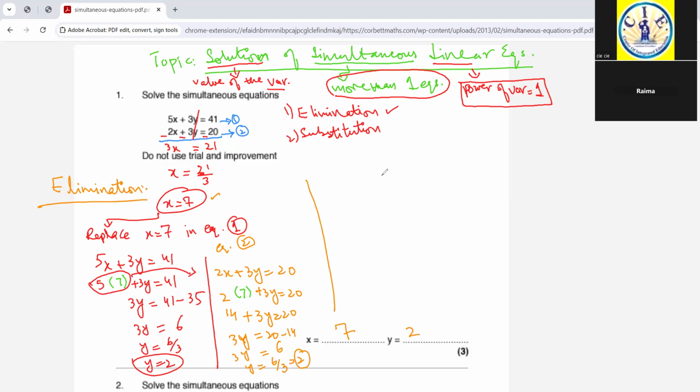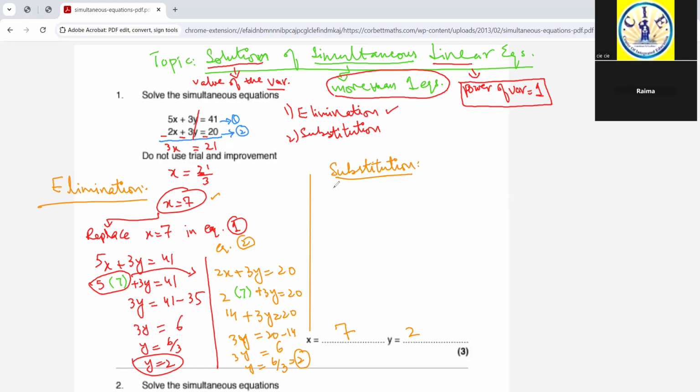Okay. If I do it using the substitution method, substitution means to replace the value of one variable into the other equation at its place.